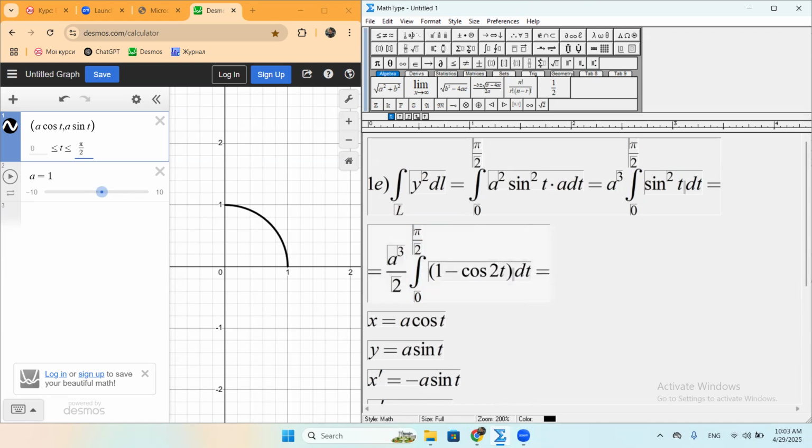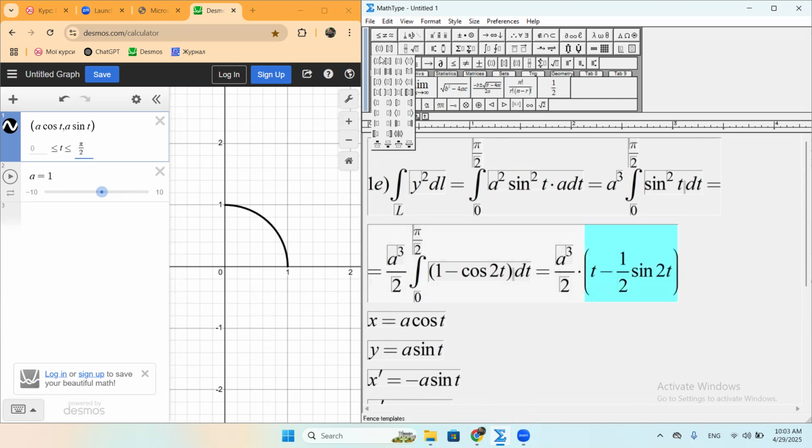And now let's integrate. So a cube over 2 multiplied by t minus 1 over 2 sine of 2t, with substitutions from 0 to p over 2.